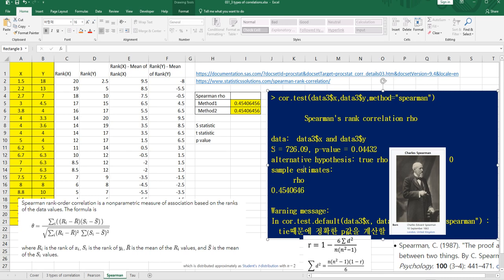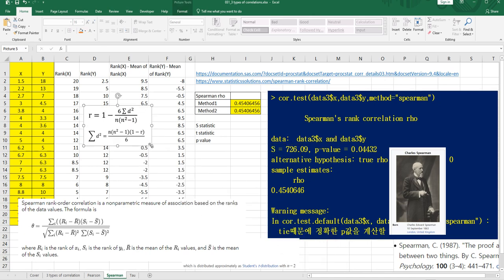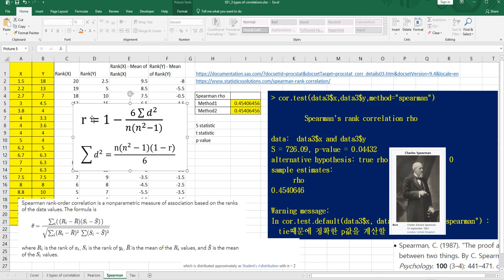In order to get the S value, we need to use this formula. In many books, Spearman rho is calculated by this formula, and the sum of d squared actually means S in R. So we can use this formula for the S calculation.